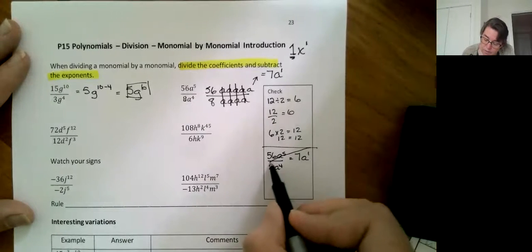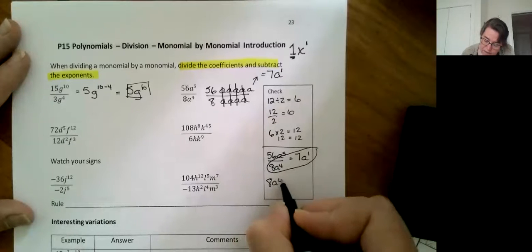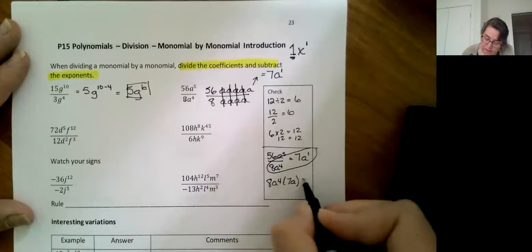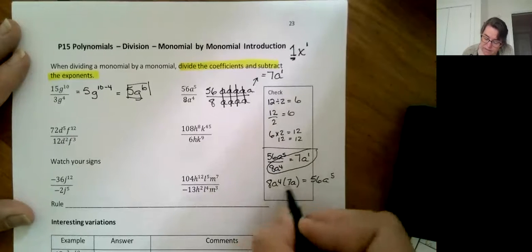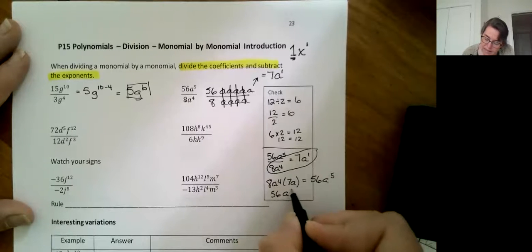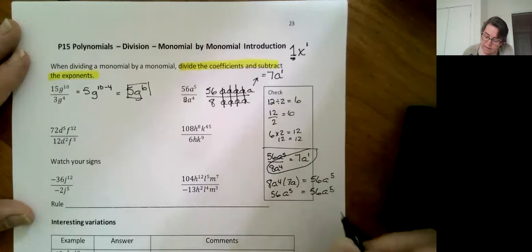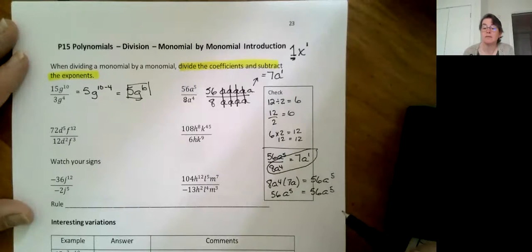So we multiply those together. 8 a^4 times 7a should give me 56 a^5. 8 times 7 is 56. A to the 4 times a is a^5. And it worked. So you can always multiply through and double check your answers. I wouldn't do all of them, but it's a good practice every once in a while.